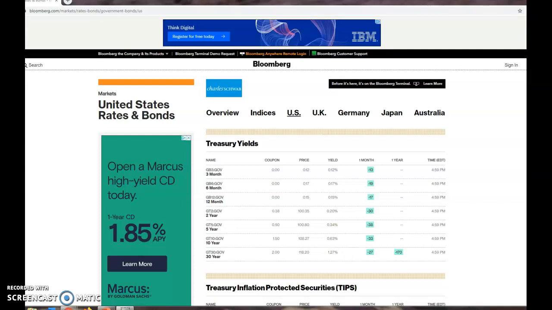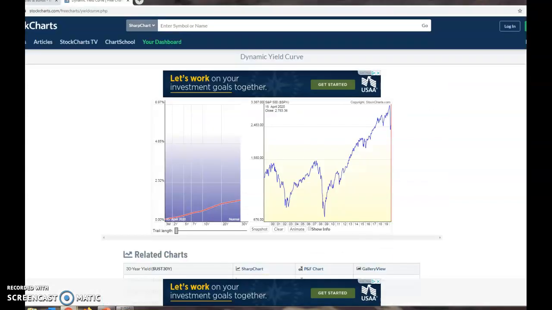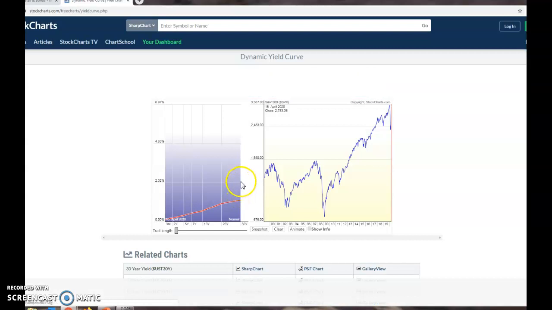Okay, now here's another link that I posted on Blackboard, and this one actually shows real information as of today, April 15th, 2020. This is the Dow or the S&P 500. Don't worry about that. But here's the yield curve. So it shows very short-term yields, and then you see it's positive. We would expect this yield curve to be steeper if there were expectations of inflation in the future.